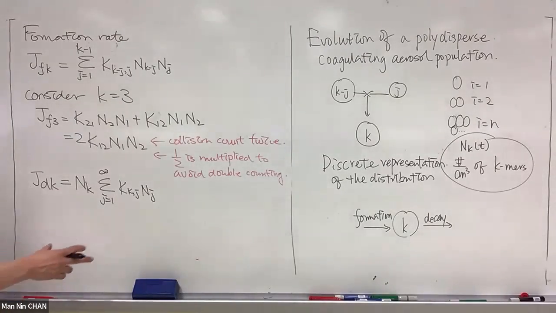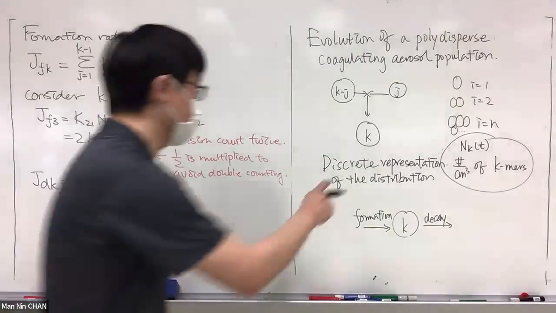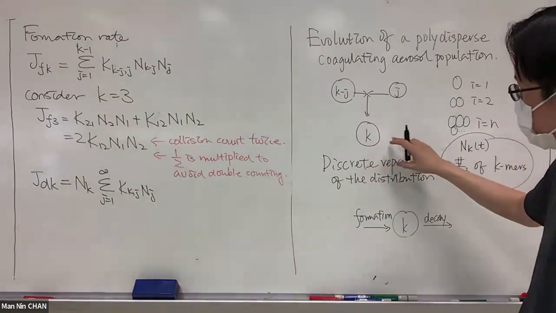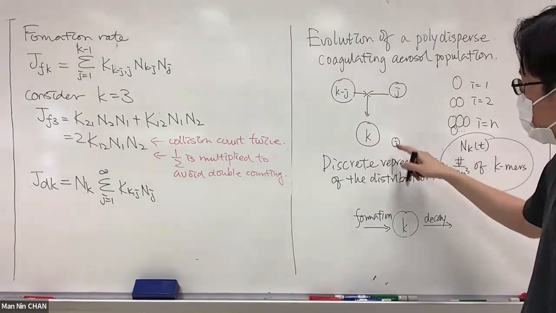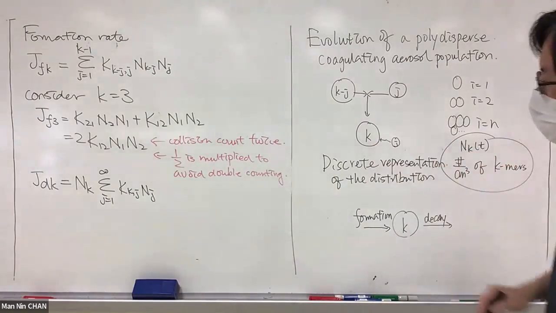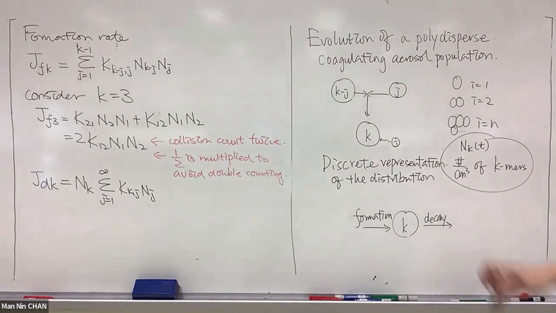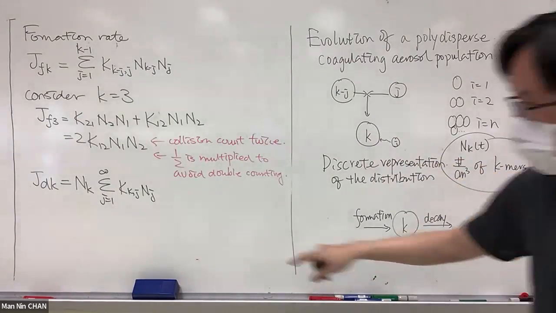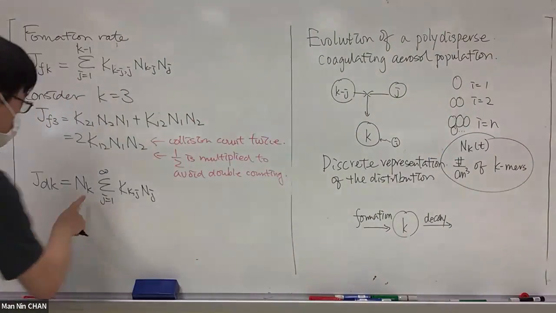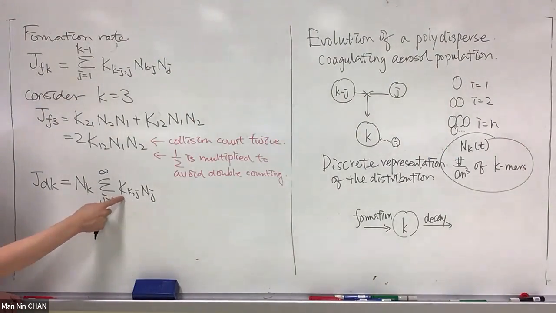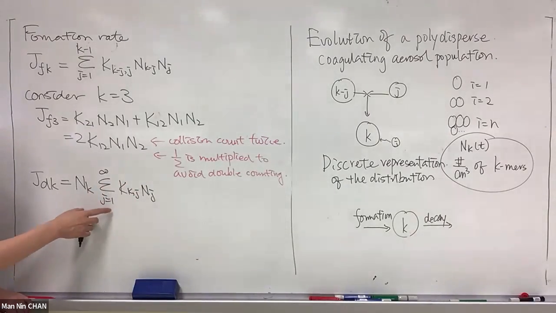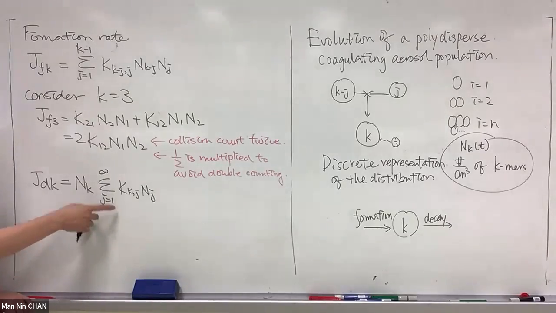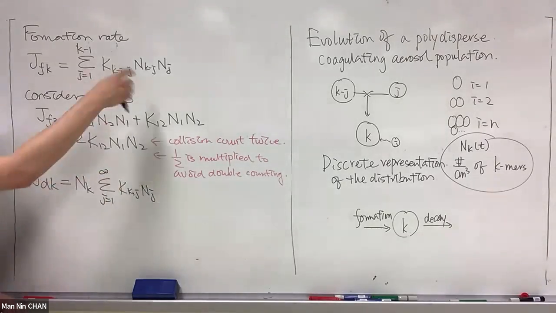So this is just considering that you can have a Kmer. Once you have a Kmer formed, you can always have other molecules collide with your Kmer. So you have this kind of coagulation with all sizes, because you can have a monomer, dimer, trimer, and all other sizes.